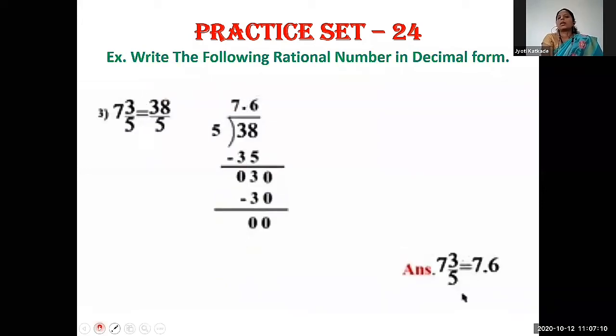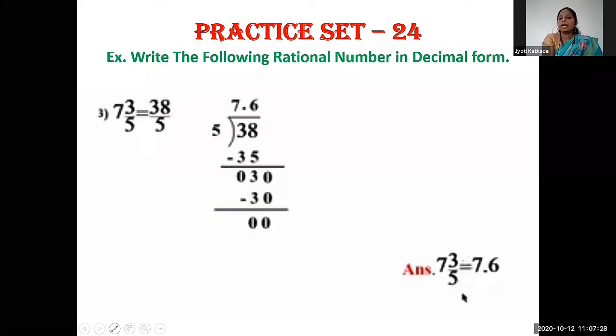See the next example from the practice set. Write the following rational number in decimal form. 7 3 upon 5, this is in the form of a mixed fraction. Convert it into an improper fraction first of all. How can we convert it?